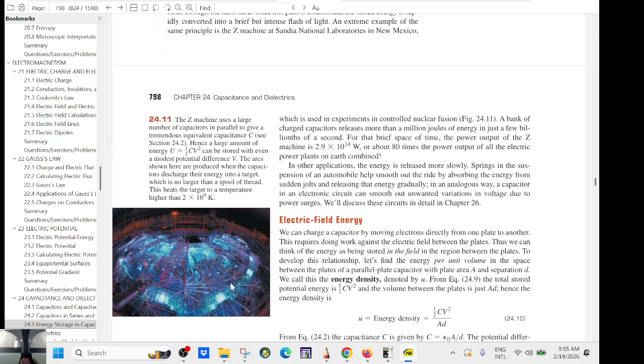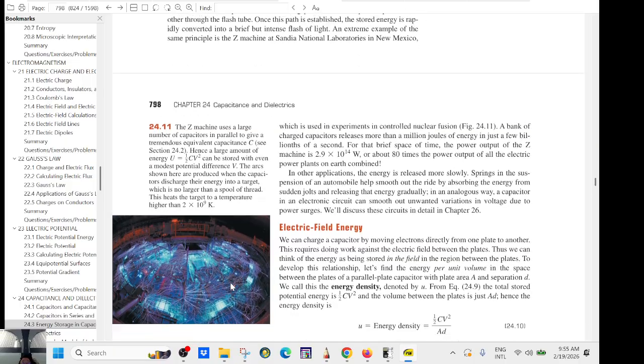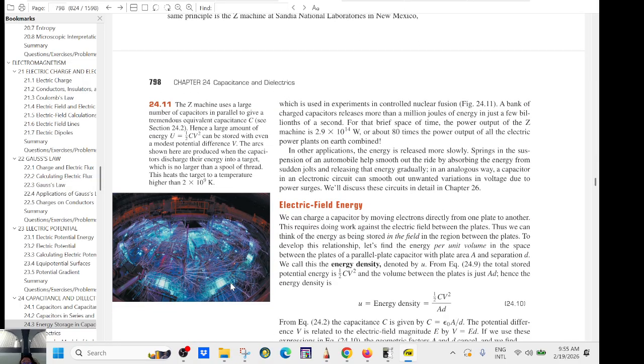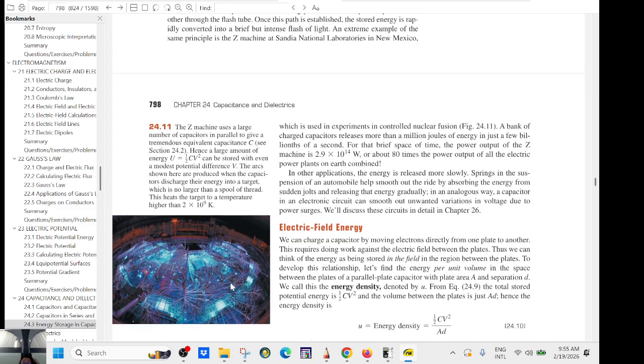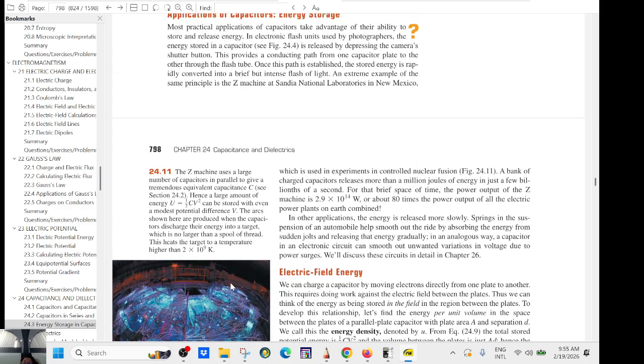Here there is an interesting application. There is something called the Z machine. Nuclear fusion is a very, very hot topic right now. Everyone is working, maybe secretly, since a lot of things are classified, on nuclear fusion.